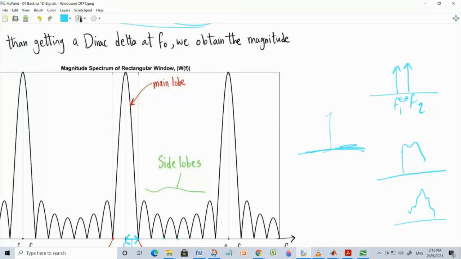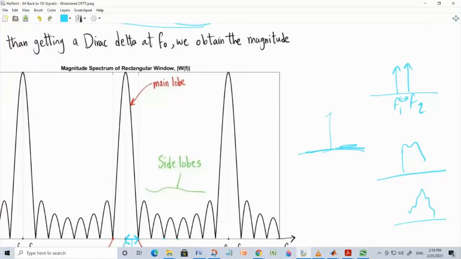Basically, it may cause something called masking. Masking means that if you have two sinusoidal components and one of them is much smaller in amplitude than the other, the side lobes will make you unable to see the weak sinusoidal signal, the one with a small amplitude.